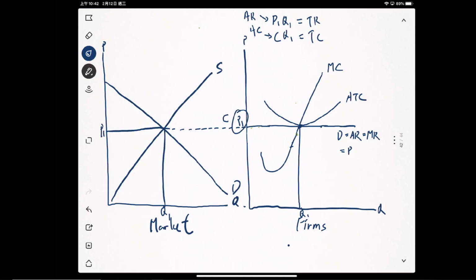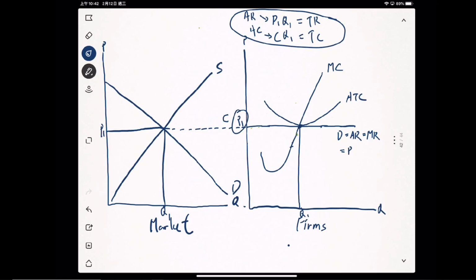So when you see the formula on the top, you know that when you do this, total revenue is equal to total cost. This is the situation where you can get a normal profit.